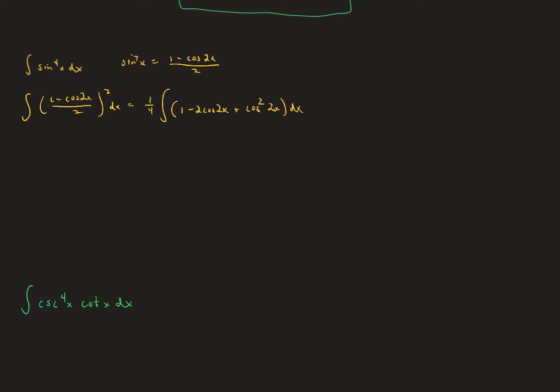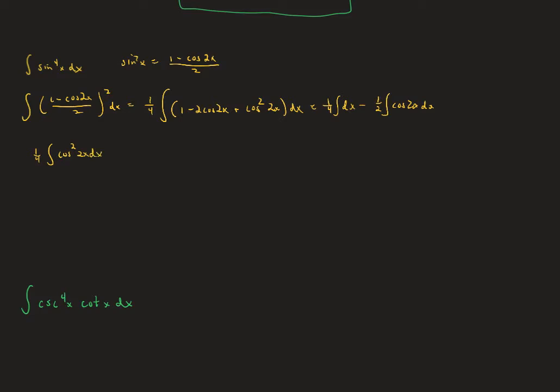So we can now separate the first two into their own integrals. So 1/4 of 1 dx, and then the 1/4 times -2 will make that a 1/2 integral of cosine of 2x. And that third one, we have 1/4 the integral of cosine squared 2x.